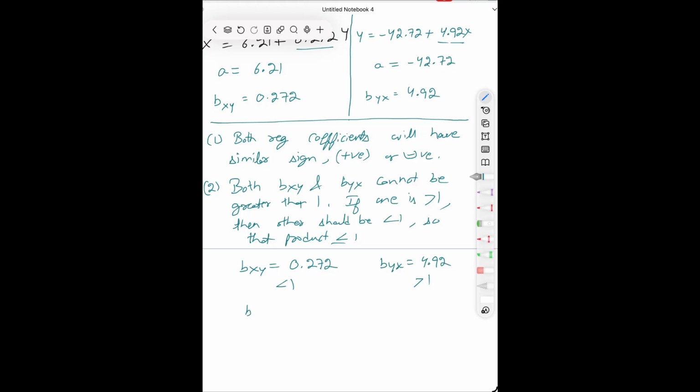Now multiply both these values: 0.272 multiplied by 4.92. In our case, the product is coming to 1.338. This is not possible.